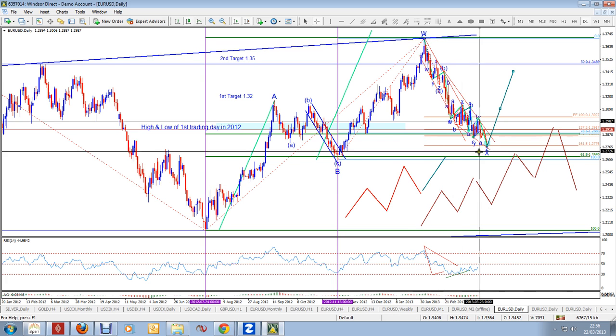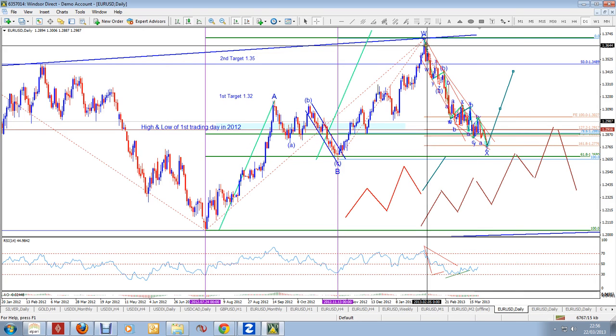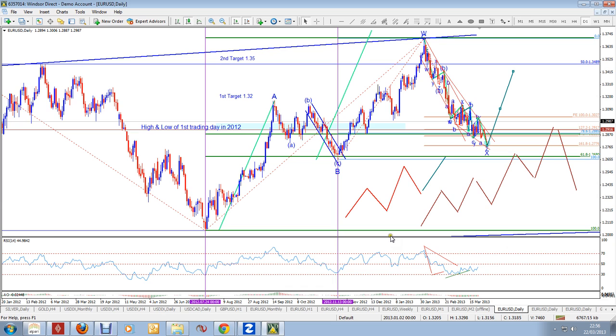So what I'm saying is that once this is finished, we should have a leg up which takes the February high, or maybe even makes a new higher high.